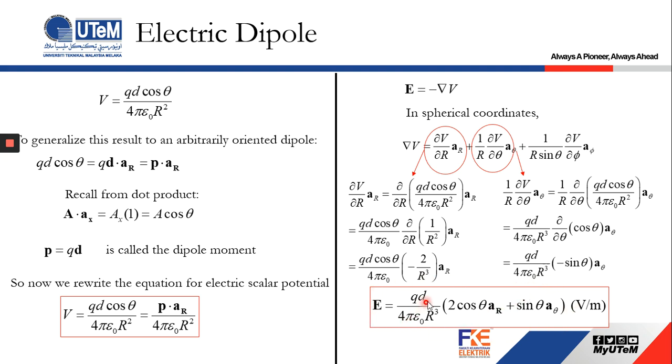So E equals QD divided by 4 pi epsilon naught r to the power of 3, and then we have this vector here. Right, so this is how we determine the value of V and E.